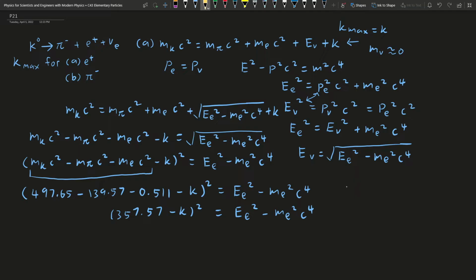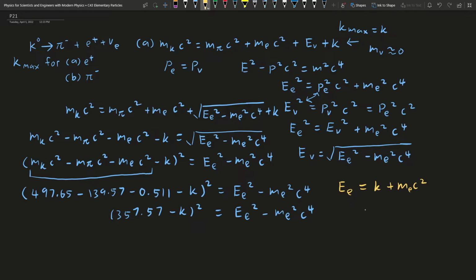Now here we know this E is a total energy, that means a kinetic energy plus the energy due to the mass, m_e c², and this total energy corresponds to the positron.